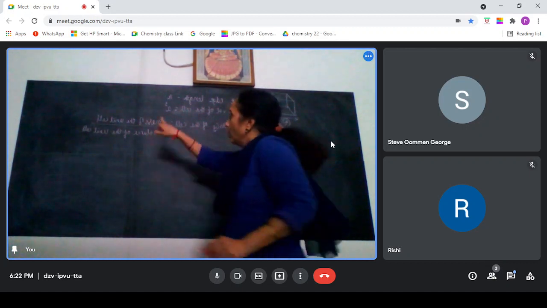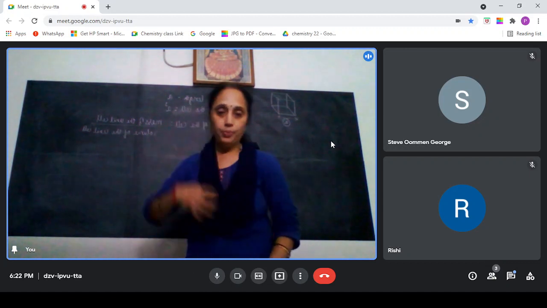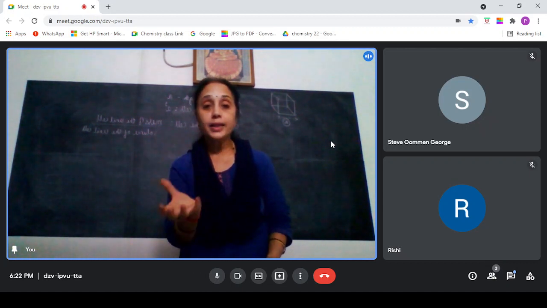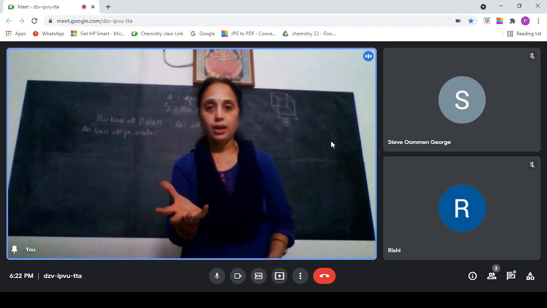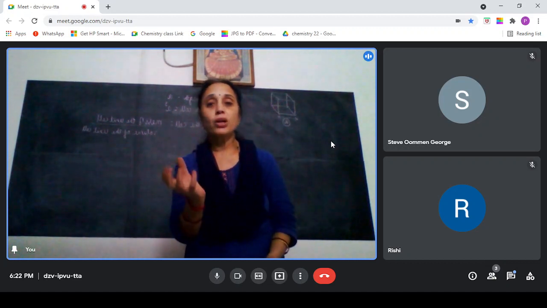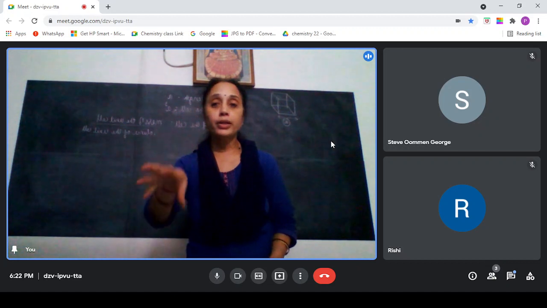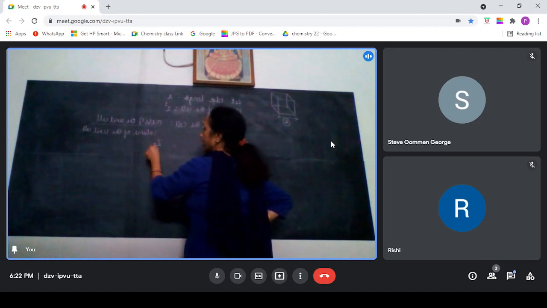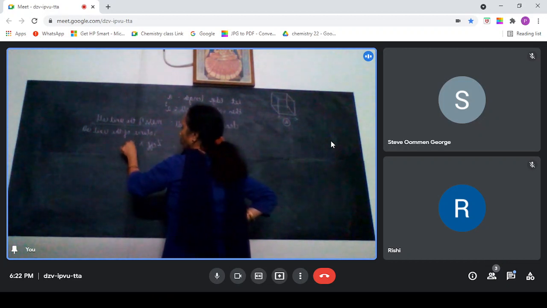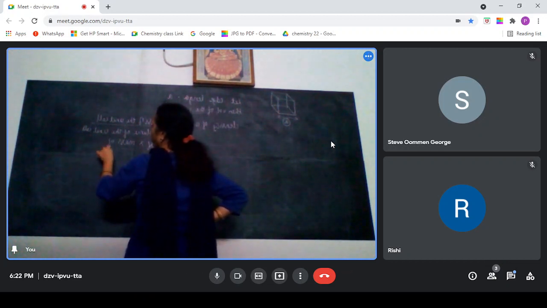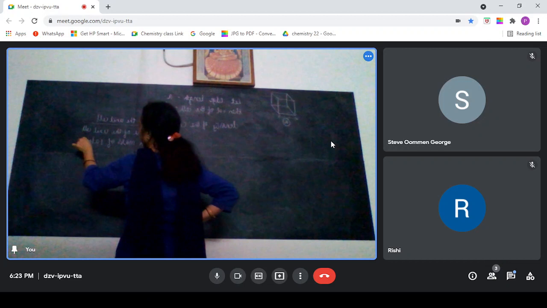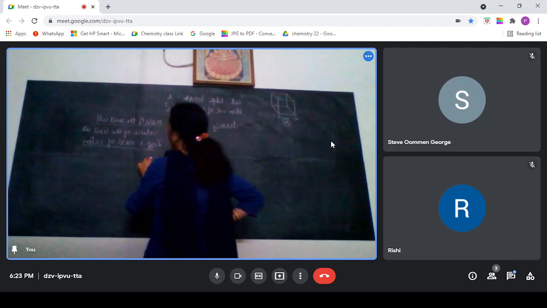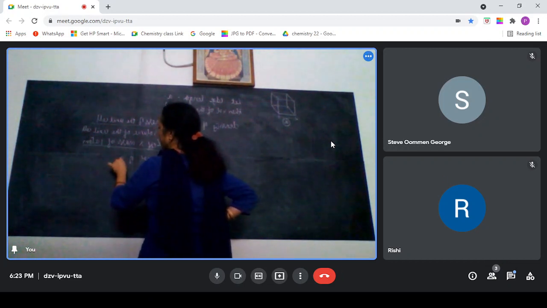It will be the mass of the atoms in that unit cell, so it depends on the number of atoms belonging to that cell. That means it will be Z effective into mass of one atom, by volume of the unit cell.